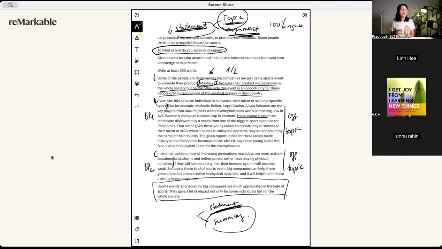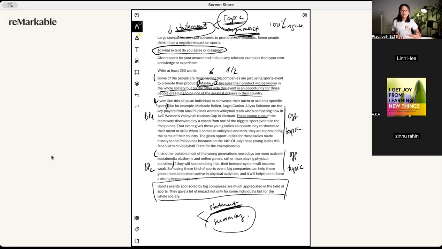So all in all, this essay is unfortunately not going to get the writer anywhere better than 5. Now I can see over here that they have quite good vocabulary and quite good grammar, which is a very good start for somebody to start practicing for the IELTS exam.